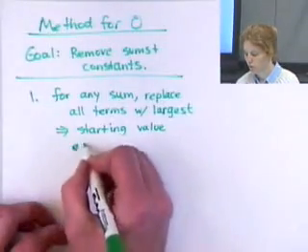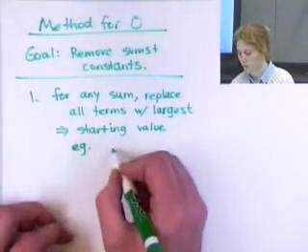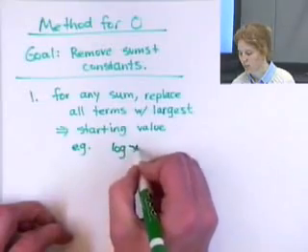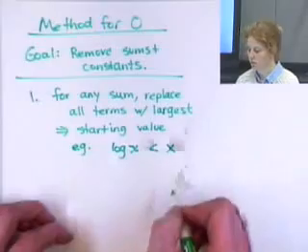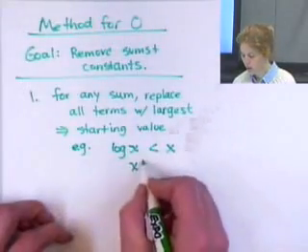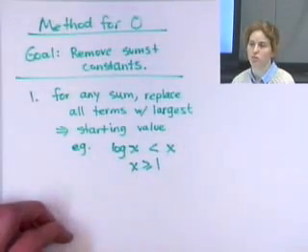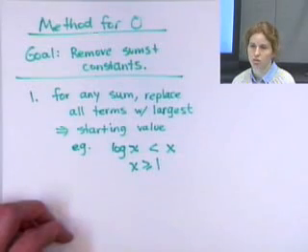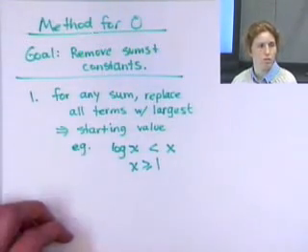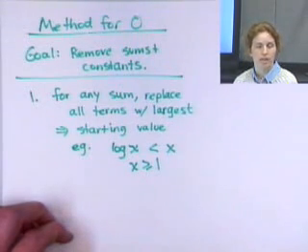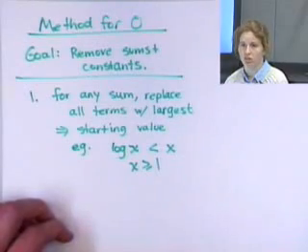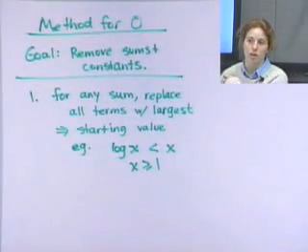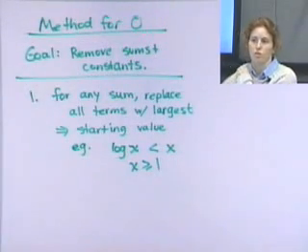For example, if I want to replace log x, log x is less than x, then x greater than or equal to 1 works. That tells me a starting value where that's true. So if I want to replace all the log x's with x's, starting value of x equals 1 works. x equals 0 doesn't work because log of 0 is not defined. So whenever I do that replacement, it tells me my start value for my inequality.